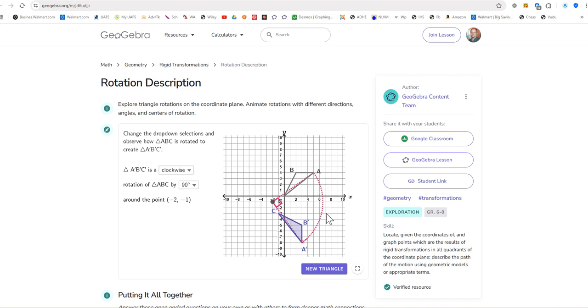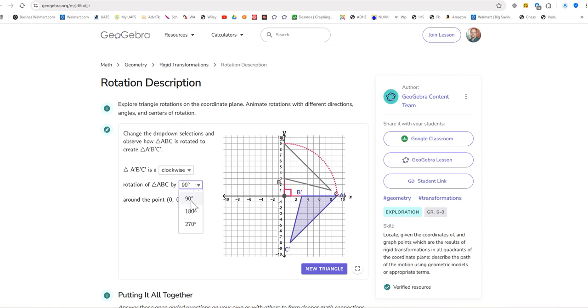So which way did we rotate? Well, we rotated clockwise by 90 degrees, or in other words, negative 90 degrees. And that's about this point here. That's clockwise, and that's 90 degrees.